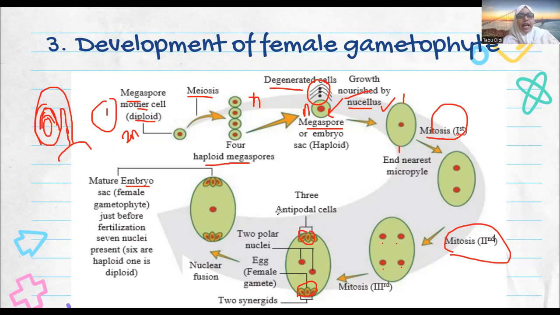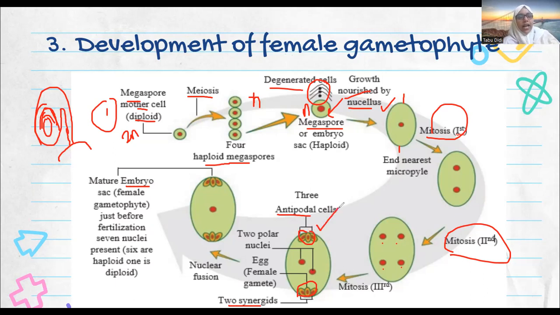Here they are known as antipodal cells and here they are known as synergid cells. They are the same nuclei which resulted from the mitotic division. It's just the position that they will take and the further function that they will serve in the fertilization process. So they have been given different names.